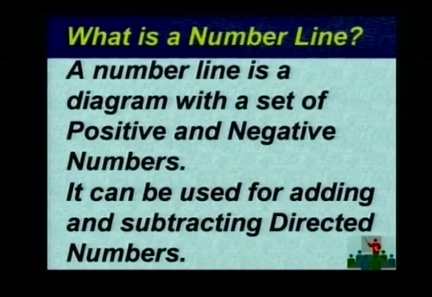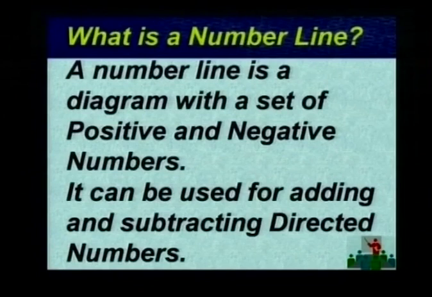Class, I would like you now to read what is on the screen. What is a number line? Together. Okay, 8Ds, can we read that again with life in us?